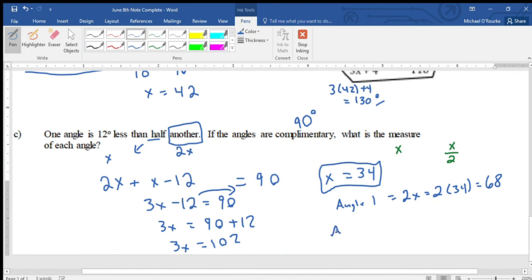Angle 2 is x minus 12, which equals 34 minus 12, which equals 22. Is that right? Yep. You can always check because 68 plus 22 equals 90, which is our complementary angle.